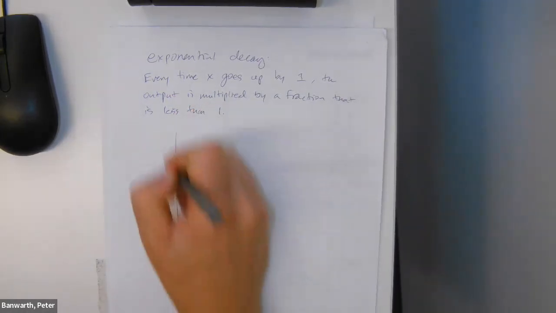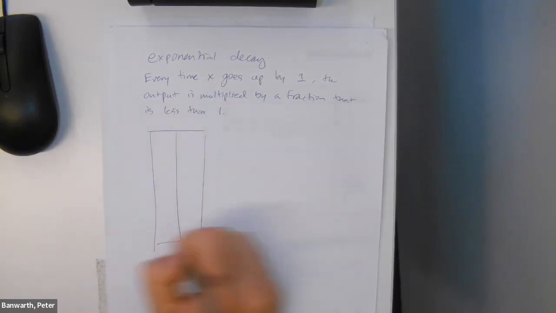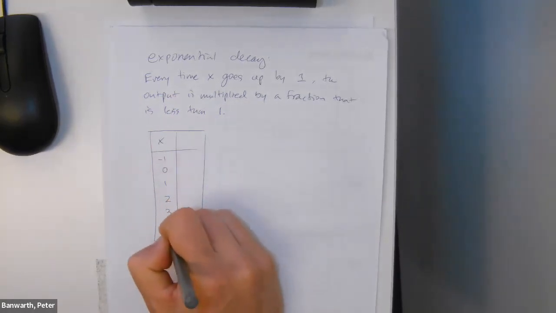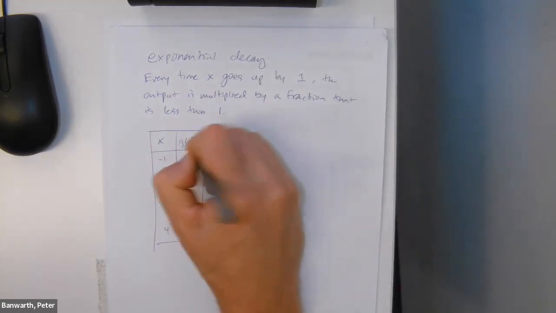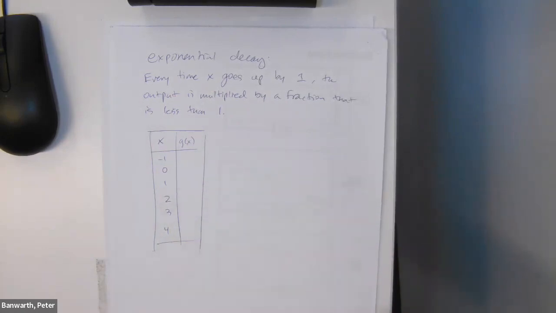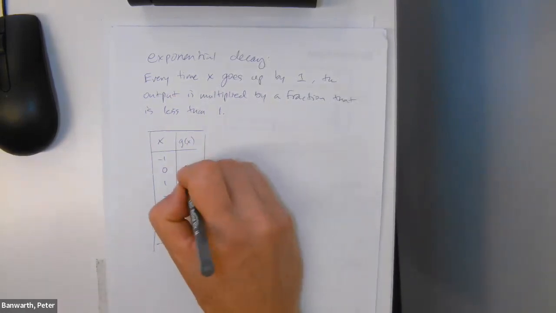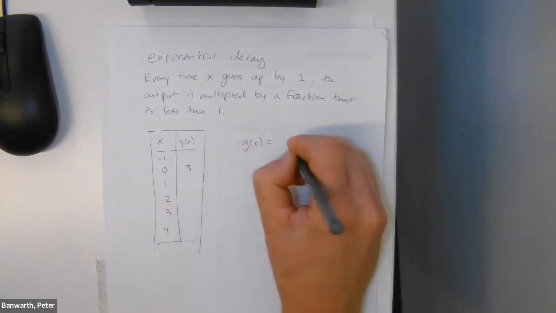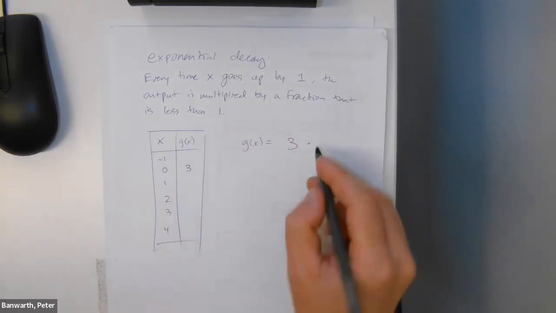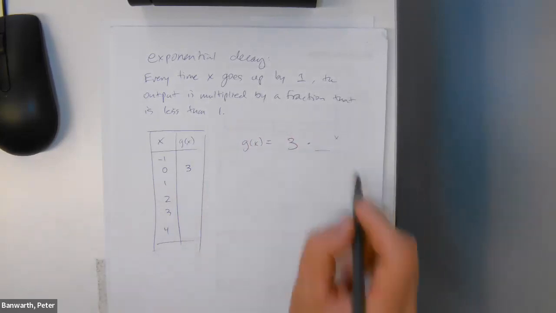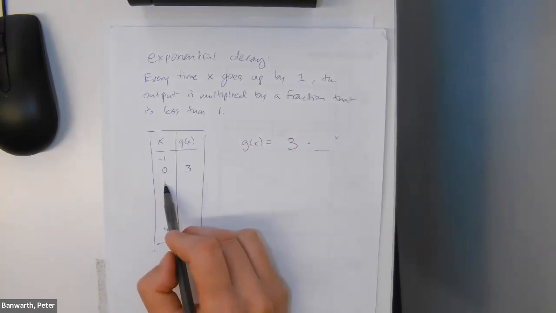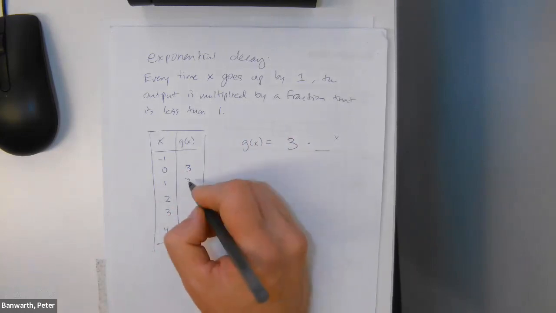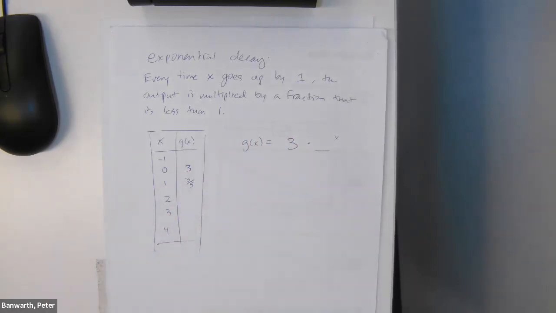The first is just a table. So if I have x here, and I have g of x and I don't know the formula, I usually just start right at the y-intercept. So if you see a 0, 3, that means the y-intercept is 3. That means that coefficient is going to be a 3. So if x goes up by 1, this goes down to, let's see, how about 3/5?